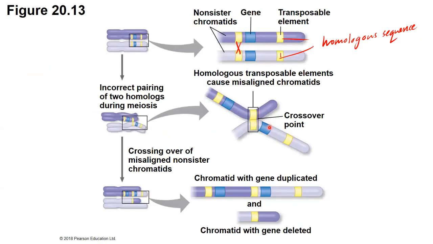So here we have an example of that mechanism. You have this gene found in this chromatid, and eventually, because of these transposable elements, this gene is now connected to the other chromatid. Okay.